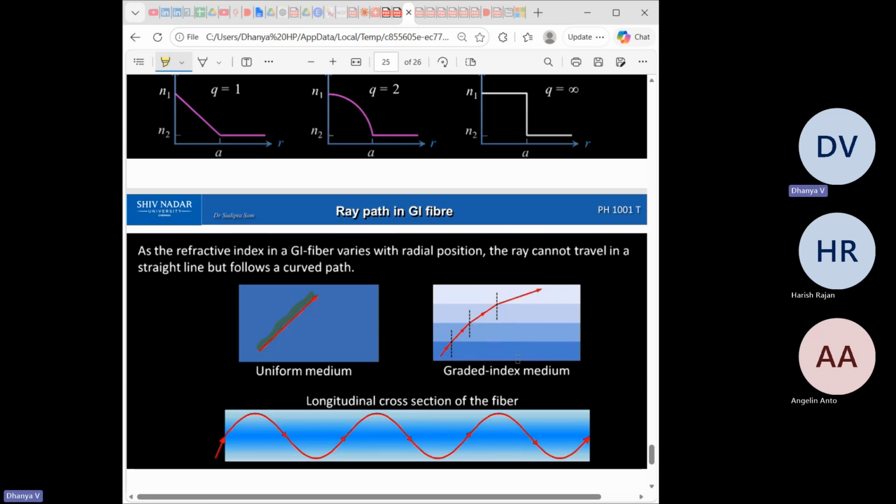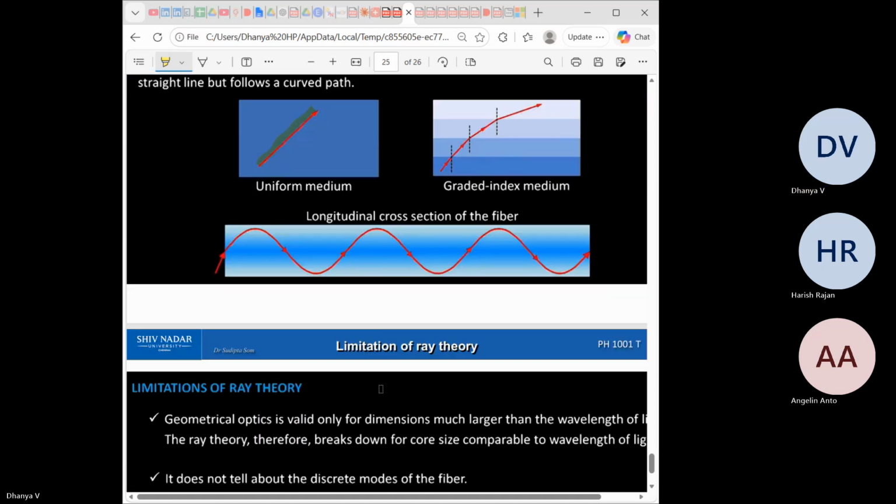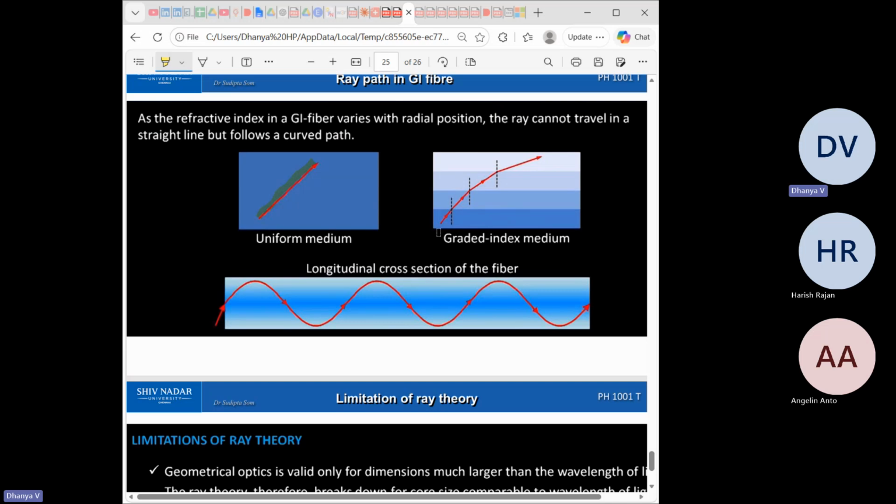But let's just assume there are many different refractive indices. In that case, it bends towards the normal. As the refractive index of a GI varies with the radial position, the ray cannot travel in a straight line but follows a curved path. So it'll end up following a path like this.